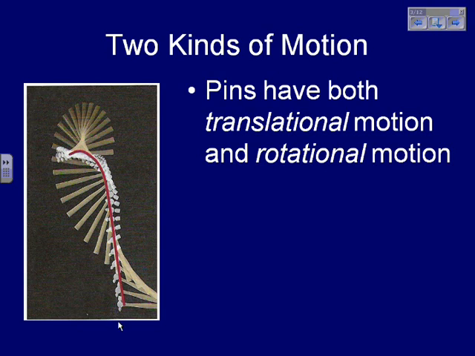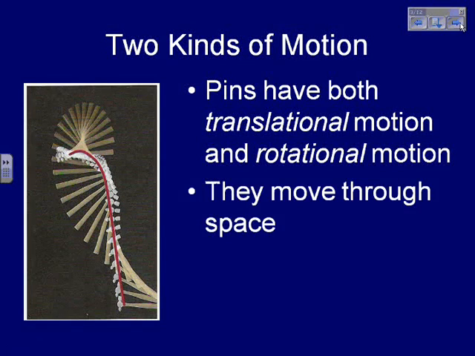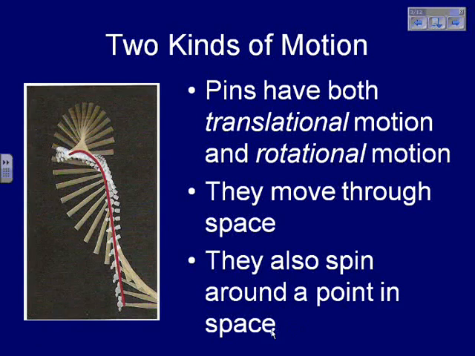But as it's moving through space in a parabolic projectile path, what else is it doing? Spinning, or rotating. The translational motion is the parabolic one. Translational motion is moving through space. But it also spins around a point in space, and that's rotational motion.